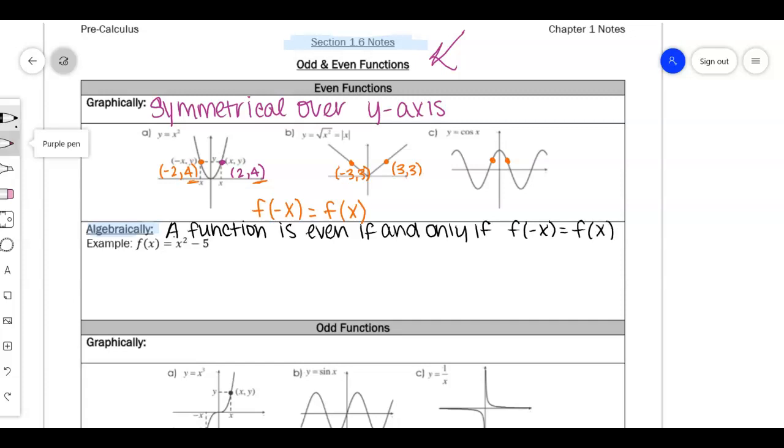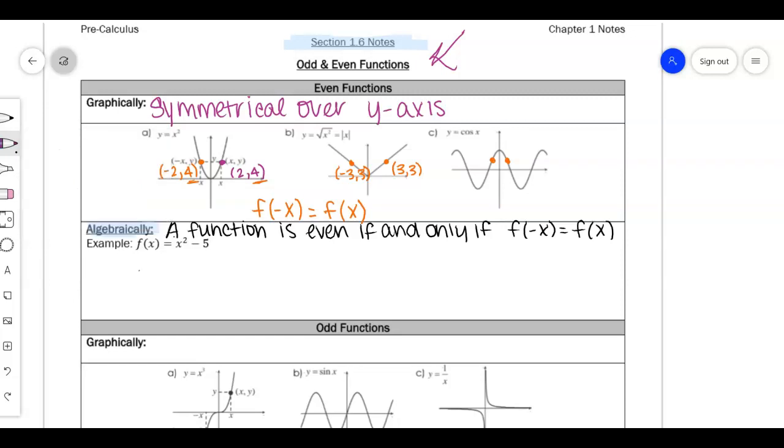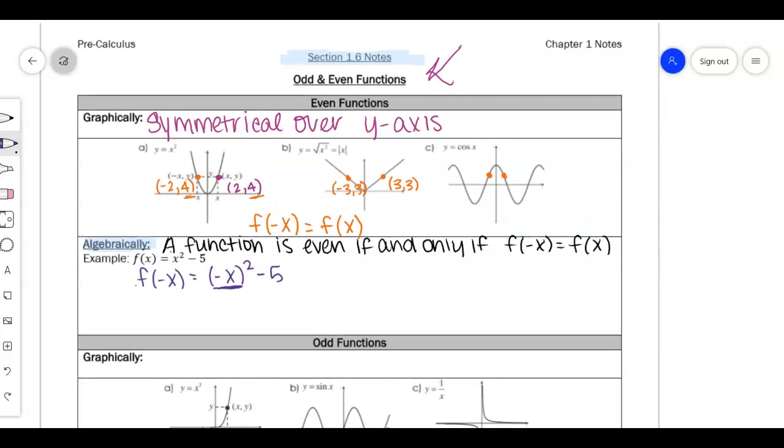To test this, we are going to plug in -x, simplify, and see what happens to the function. It's important that you use parentheses right here because this negative is going to be squared. A negative times a negative we know to be positive. When we simplify this, I end up getting a positive x squared, and this -5 is unchanged.